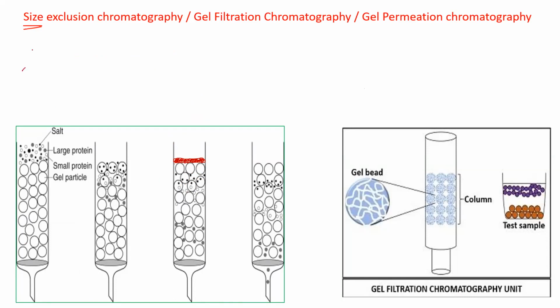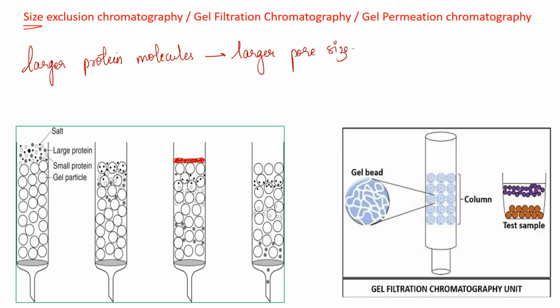The larger molecules, the larger protein molecules, will go in the larger pore sized mesh, and the smaller will go in the smaller respective pores. So here itself we are now understanding how it works. Larger molecular mass is going to go into the larger pore size, the smaller is going to go in the smaller.